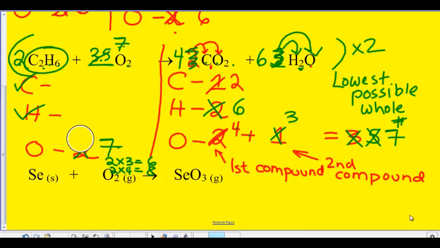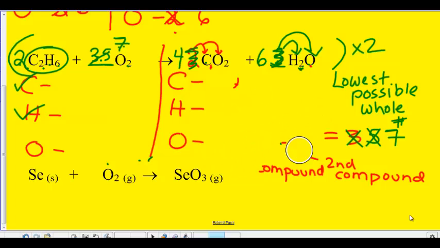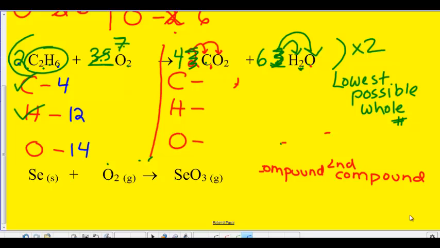And I'm just going to prove this. You don't have to necessarily write this down, but just take a look at it. If I go and recount, 2 times 2, 4. 2 times 6, 12. 7 times 2, 14. 4 times 1, 4. 4 times 2 in the first compound is 8. 6 times 2, 12. 6 times 1 is 6 for a total of the side of 14.